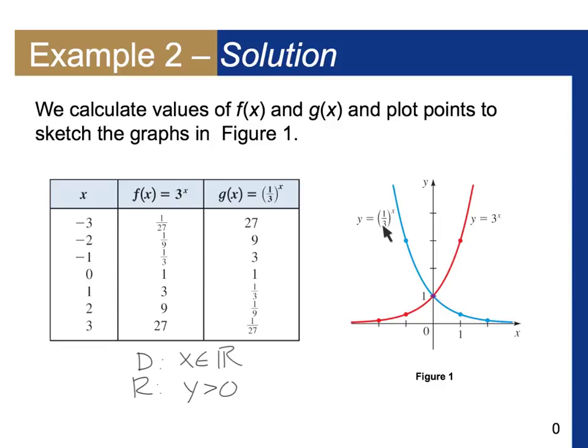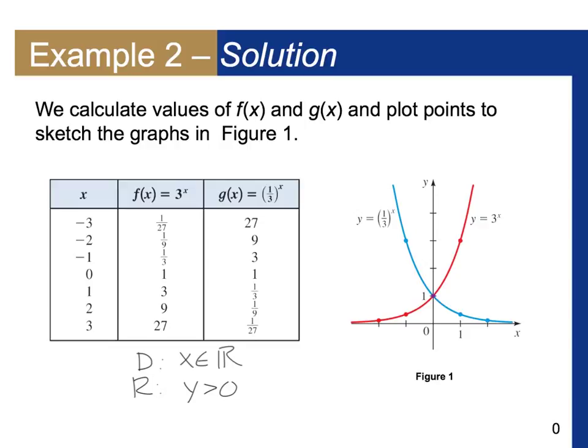So when we have 1/3 to the x, we've got this blue function. That's also an exponential function, but it's when our base is a fraction, less than 1. And notice these are related. The blue is just a reflection of the red across the y-axis.